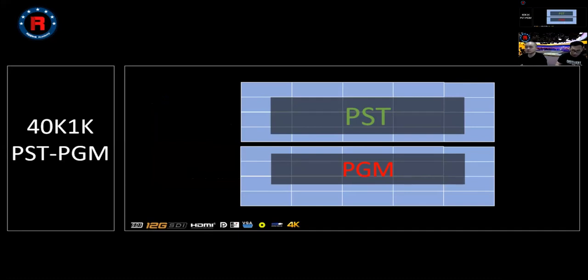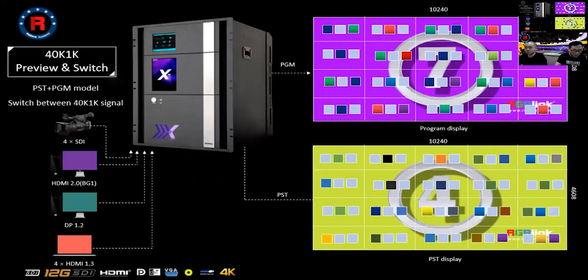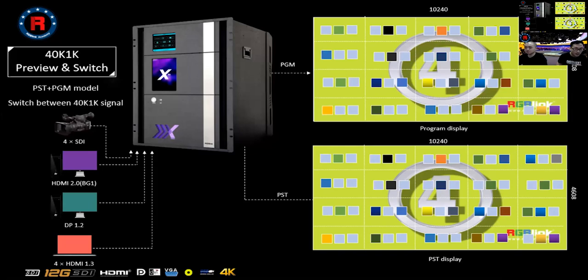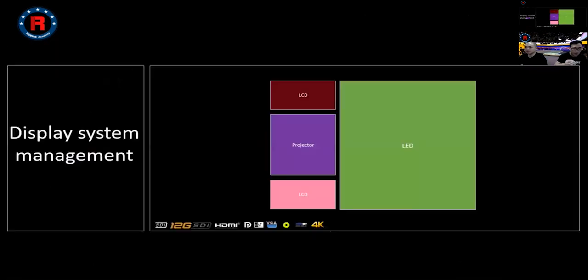On the PVW, you can preview things, and the X40 supports 4K to 1K seamless switching. This is the effect: it's a seamless switch.